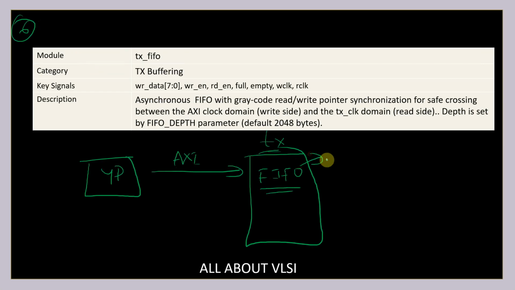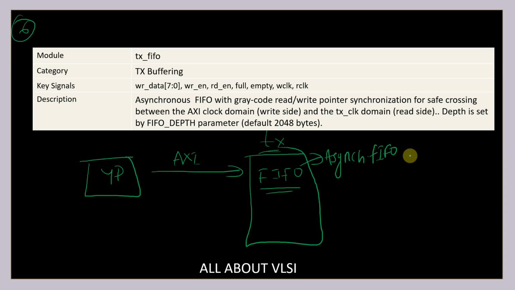What we are going to develop is an asynchronous FIFO, and exactly how it is going to work, I will let you know. So these are the transmitter side modules which we are going to use, and we are going to discuss in detail how exactly these modules work, how the data flows between these modules, and how the data is sent to the actual physical layer, right?